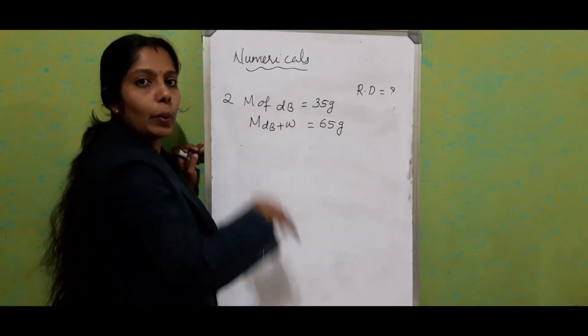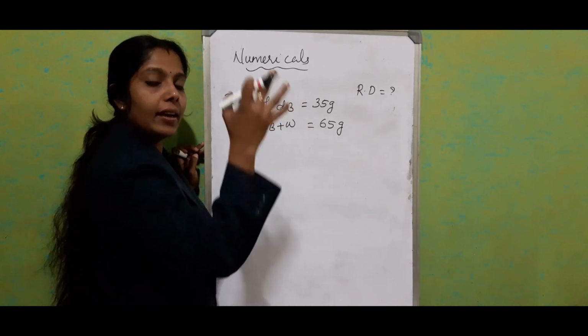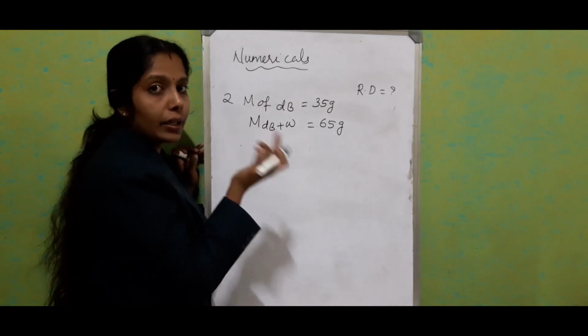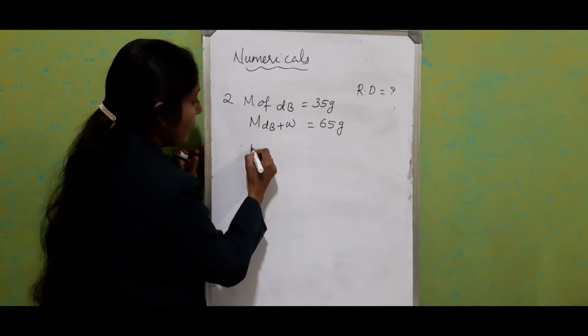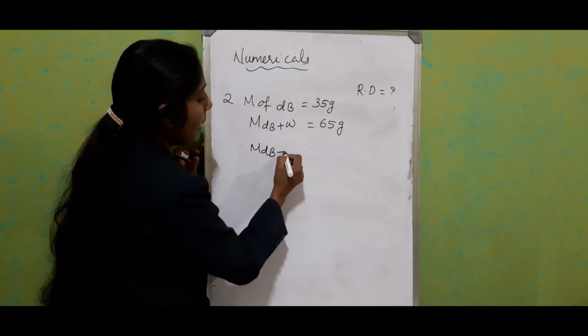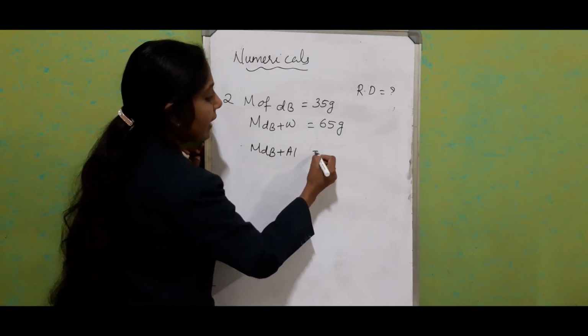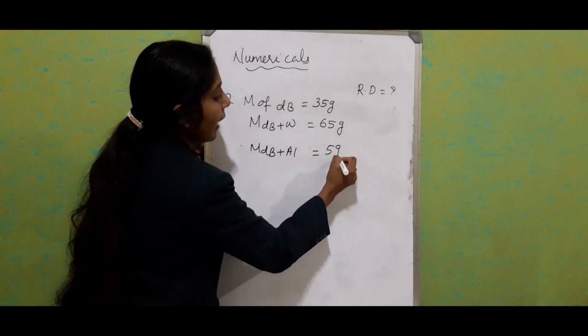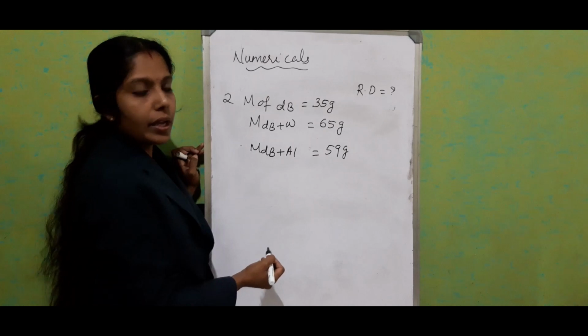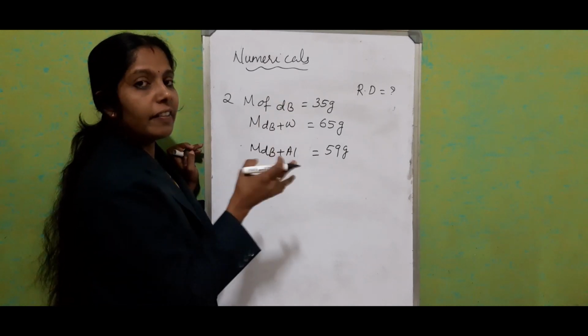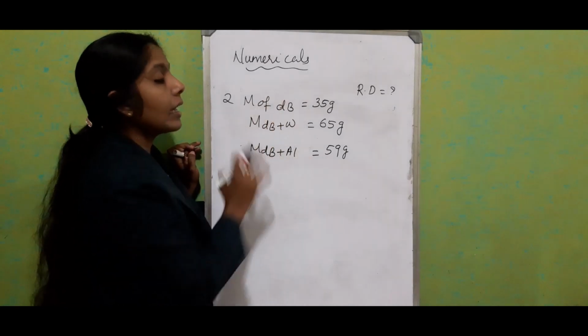Then we are removing the water and again the bottle is filled with alcohol. In that, the mass of density bottle plus alcohol is given as 59 gram. Okay, so these are the data given. We need to find out the relative density.